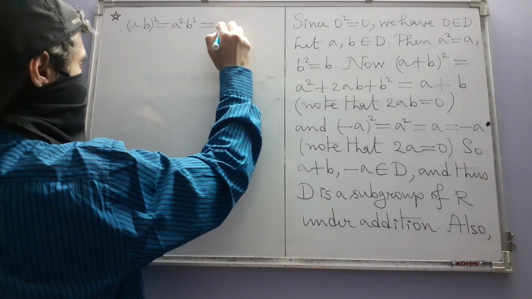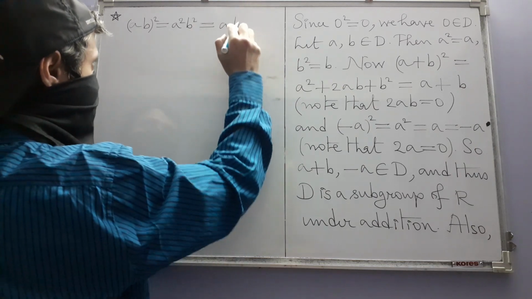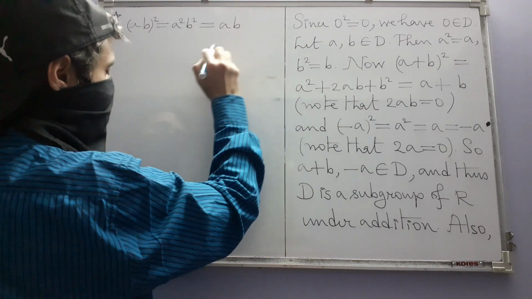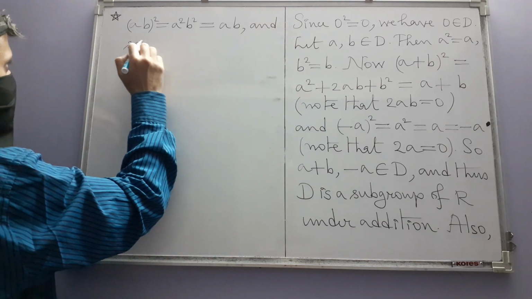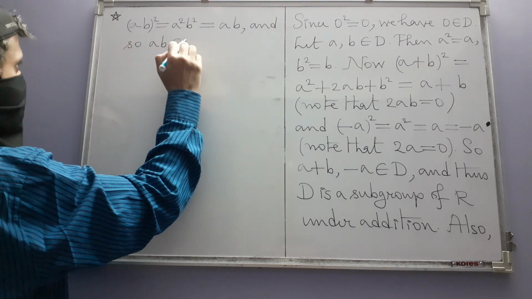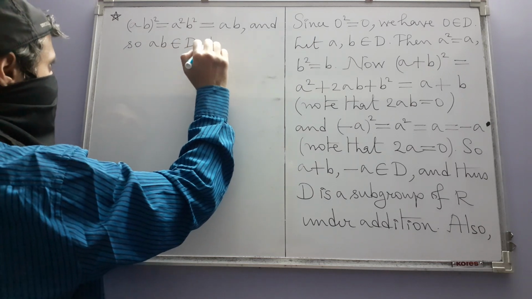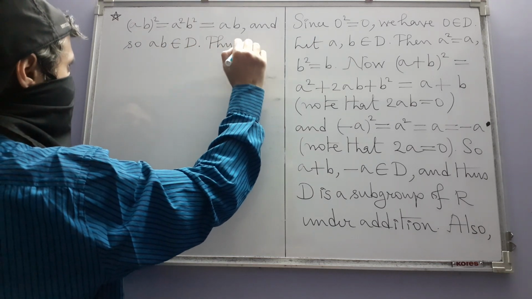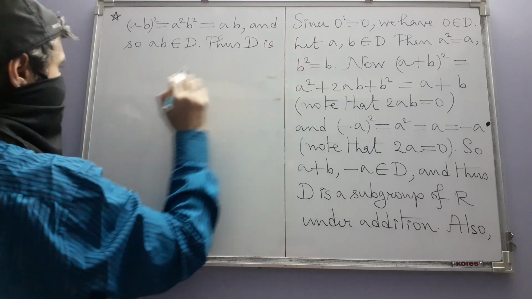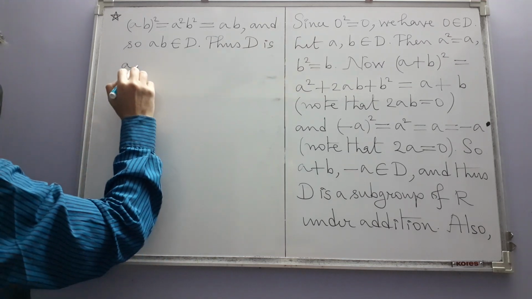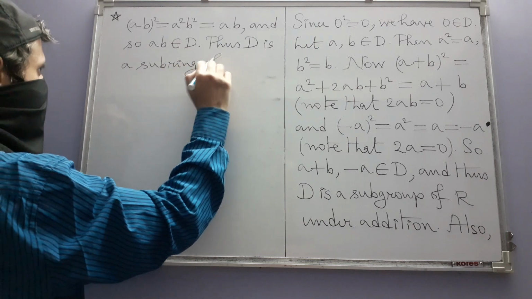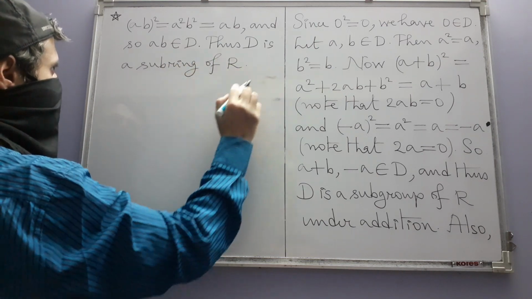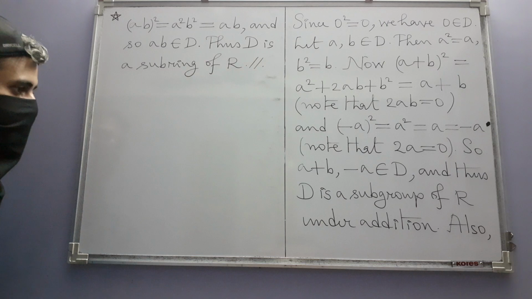But A square is A and B square is B. And so AB belongs to D. Thus, D is a subring. Now, finally, we can conclude that this is a subring of R, and that was the thing we wanted to show.